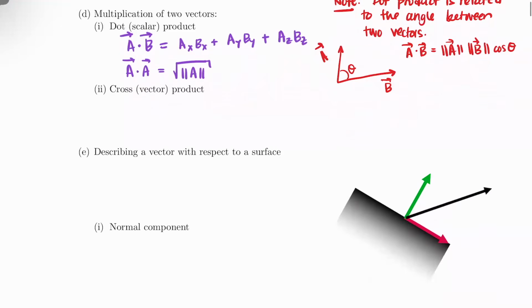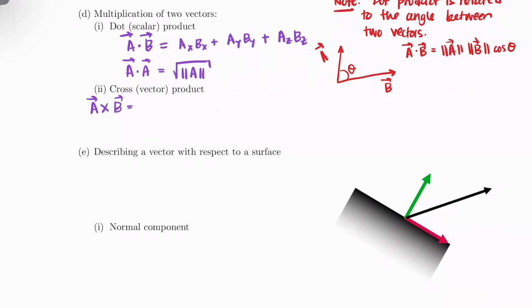Okay. The next sort of multiplication type operation that we can do between two vectors is a cross product or a vector product. This is when we take our two vectors and we end up with a vector in return. And it looks like this. If we have our A and B vectors and we do our cross product, I think most people do it this way.